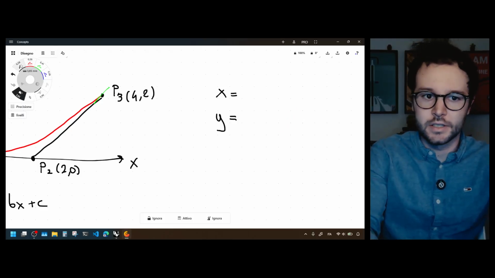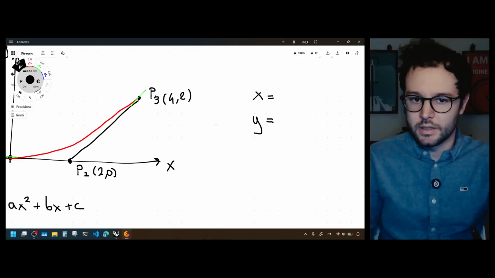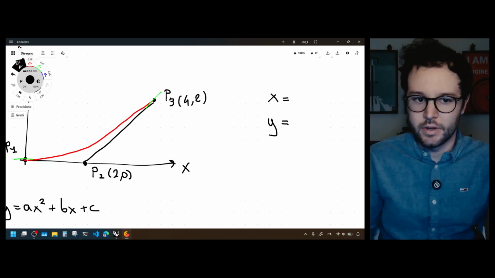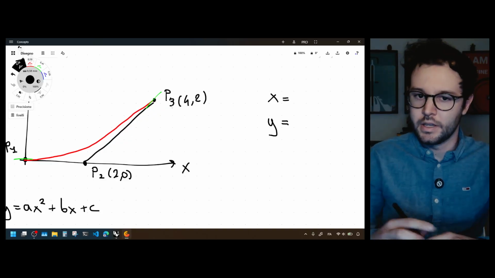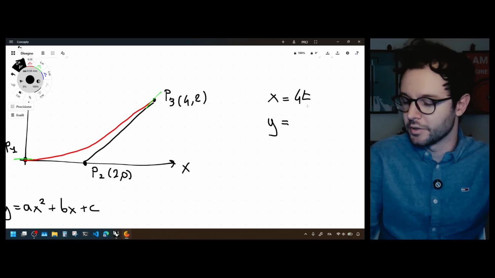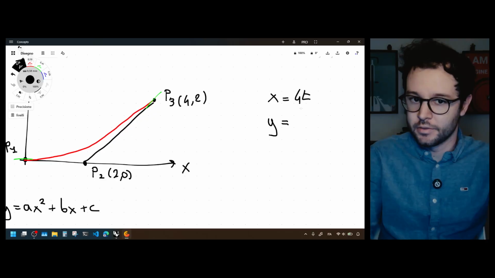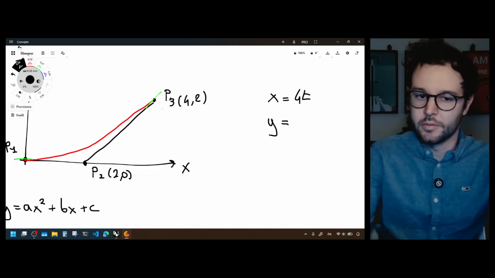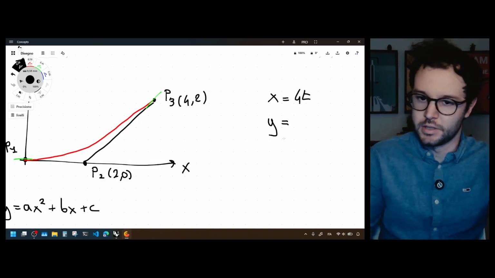Instead of just using t, we would like to have a parameter such that when x is 0, t is 0, and when x is 4, t is 1. So this formulation is very simply 4t. If t is 1, then x will automatically be 4, which is the end of the domain. And if t is 0, x will be 0 as well.